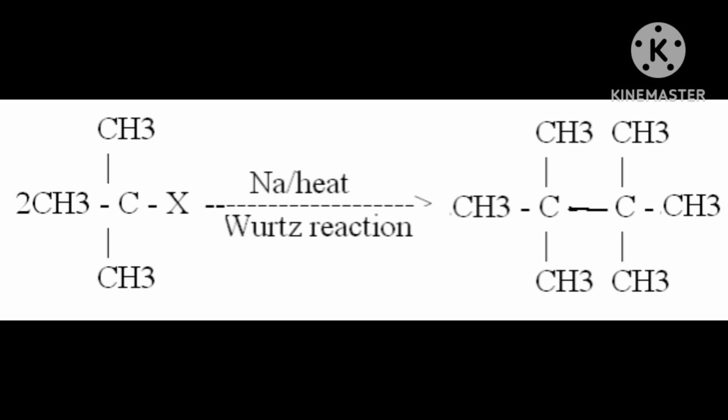In haloarenes, the electron pair on the halogen atom is in conjugation with the pi electrons of the ring. Conjugation means alternate double and single bonds, that is called conjugation.